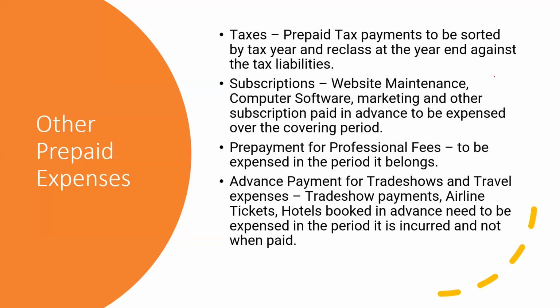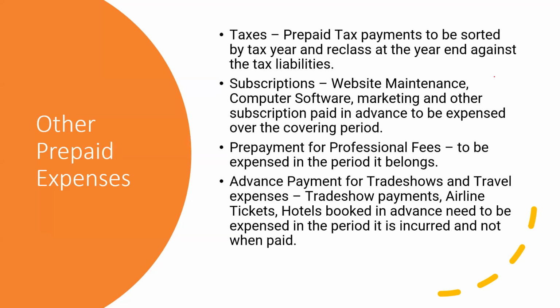Also, in case of trade shows, it is very common that you have to pay all the trade show related expenses, like renting the space in the trade show and all those kinds of equipment you rent for the trade show. That is normally prepaid, paid in advance, because at the last minute you may not even be able to get into the trade show. So you need to prepay all those, take it as a prepaid expense, and expense it in the month the trade show has been held.